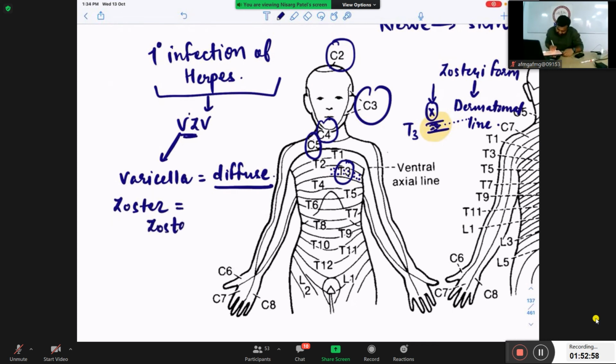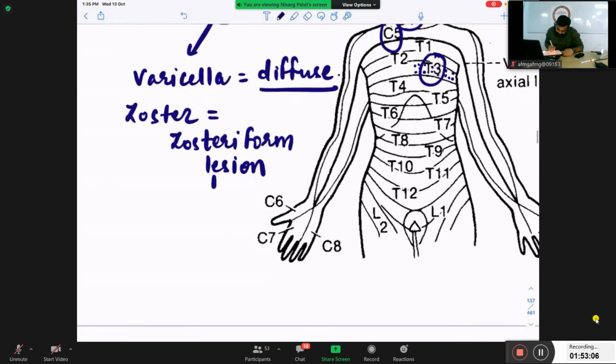Means the patient will have a zosteriform lesion. The meaning of zosteriform is involving a single dermatome.